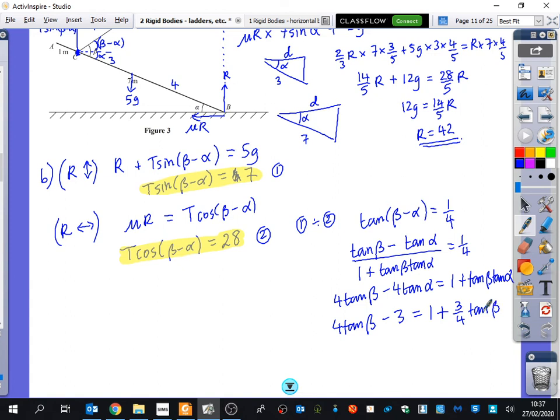So we then get 4 minus 3/4, you get 13 over 4 tan beta equals 4. So tan beta is 16 over 13, and so beta is the inverse tan of that, which is 50.9 degrees.